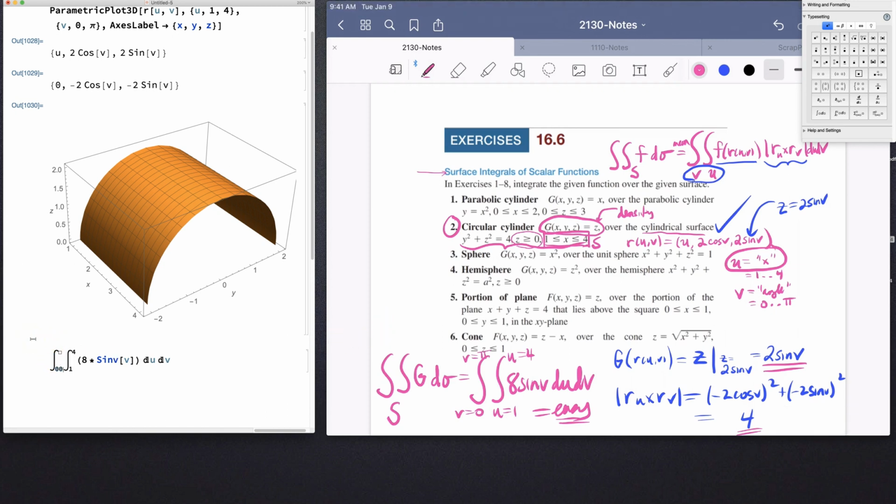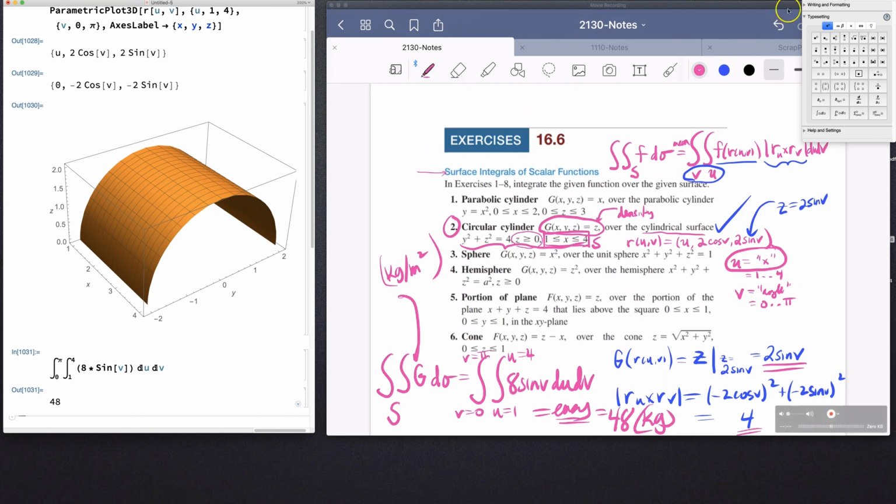V is our angle variable, it goes from 0 to pi, and you can now find that the answer is equal to 48. That would be essentially 48 kilograms if your density function, for example, was in kilograms per meter squared. So that would essentially be the units.